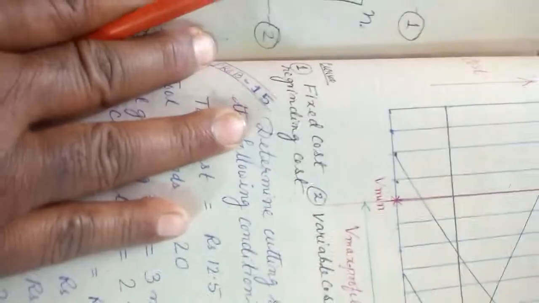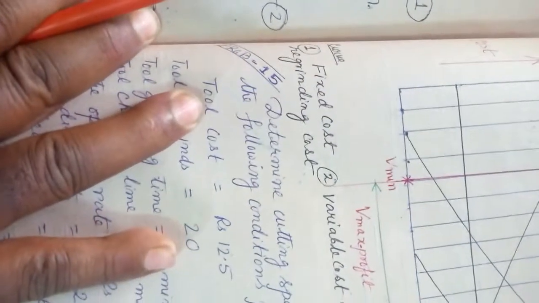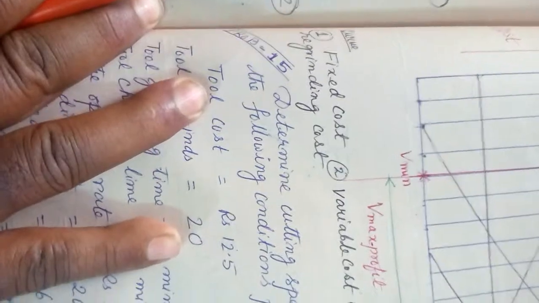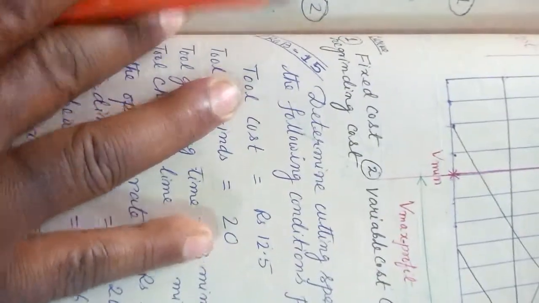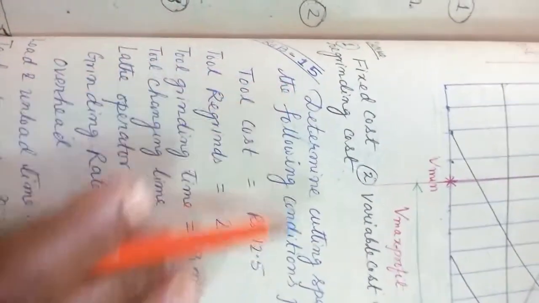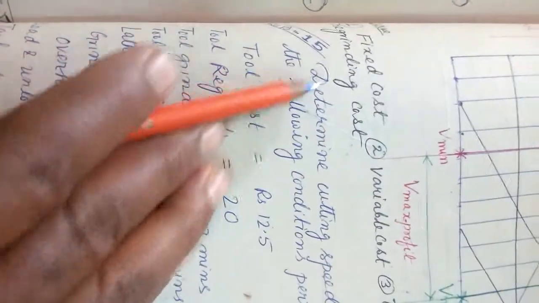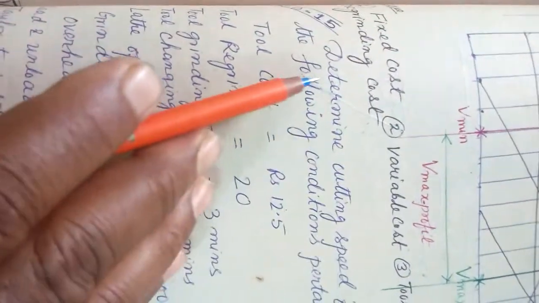Let us do a problem. This is problem number 15 in my notes. You can make your own problem numbers 1, 2, 3, 4, whatever you've got.